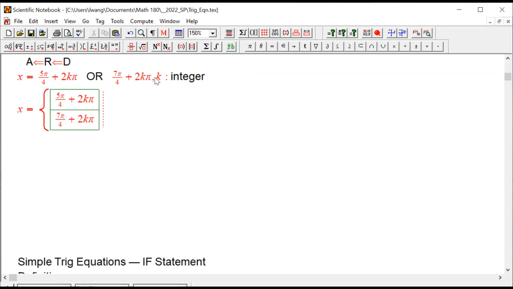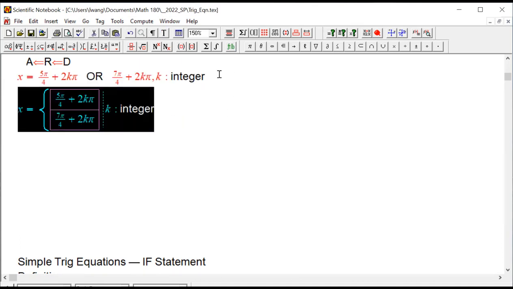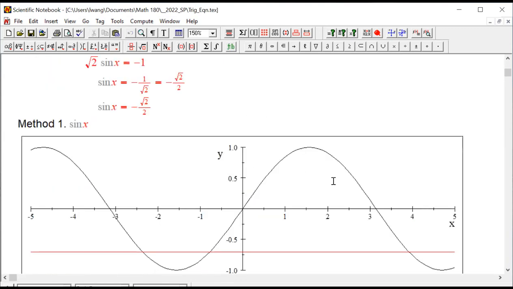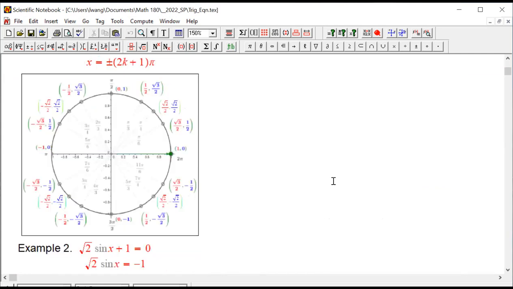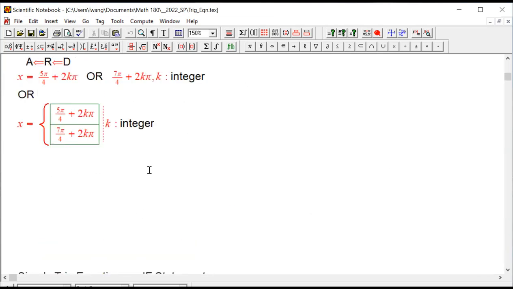It's also an OR relationship. So either this way to express your answer or this way. Either way is fine. You can see that in this process we use the graph method and the algebraic method to identify the answer properly, correctly.